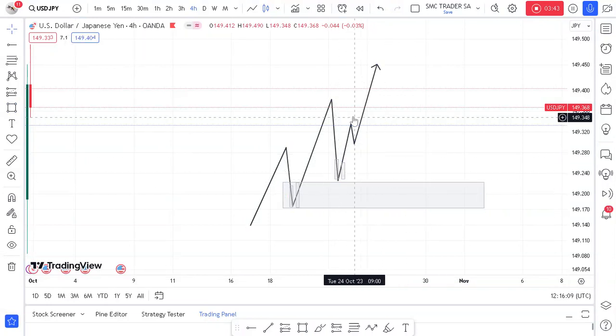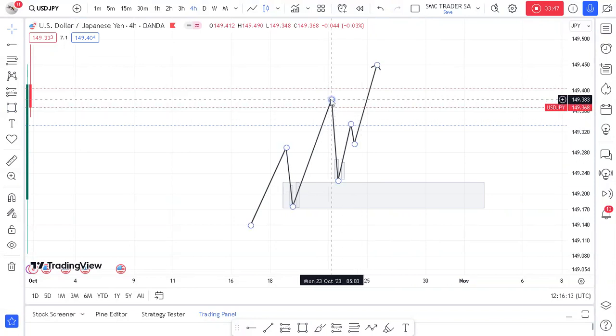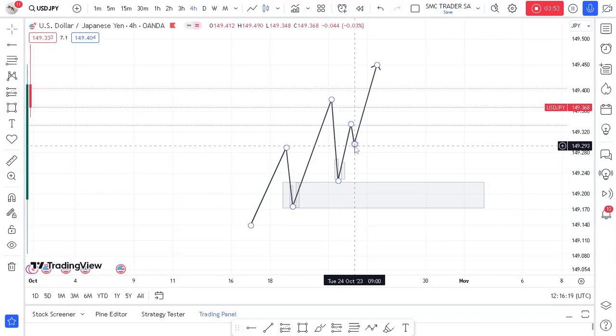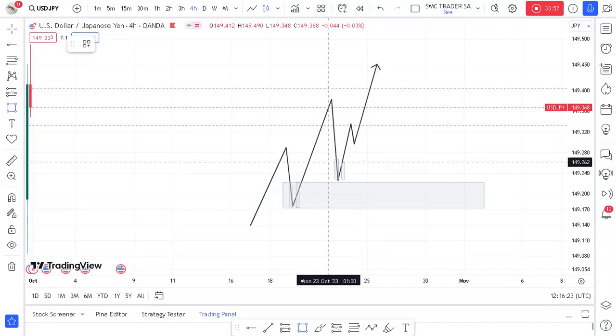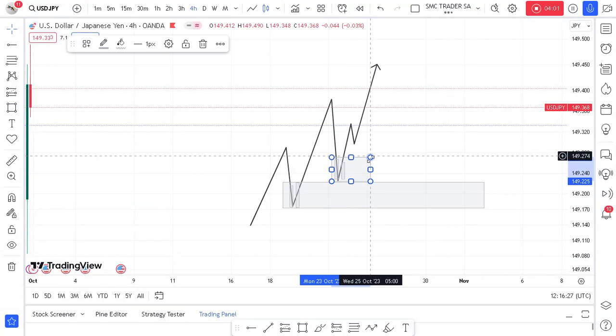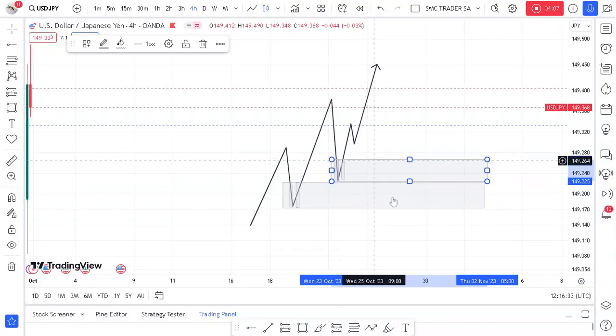Since I see that we had a pullback right here, I know if the market hasn't broken the structure before it created a pullback, I can't expect my pullback to be exactly here at the mitigation block. I know the market has to fill the imbalance first, but the market will create something like this.